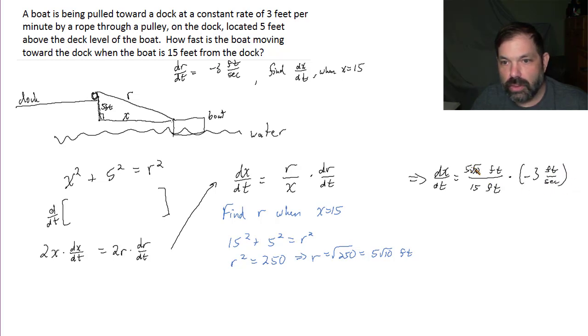All right, so let's see, that simplifies as just negative square root 10. So dx dt. All right, 5 times 3 is 15. 15 over 15 reduces out. So negative square root 10 feet per second. There's my dx dt.